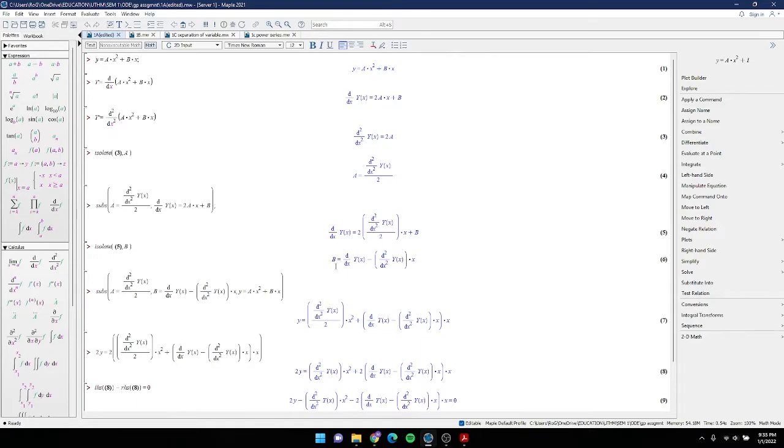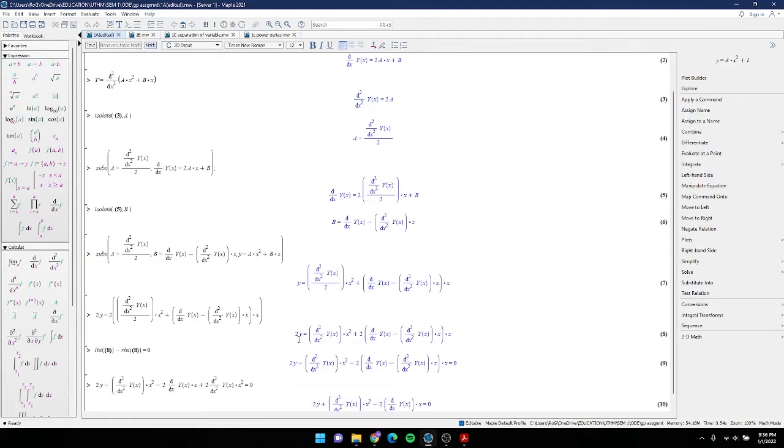So you get b equal to y prime minus y double prime x, and then you substitute the value of a and b into equation 1, and then you get y double prime over 2 x squared plus y prime minus y double prime x, and x.